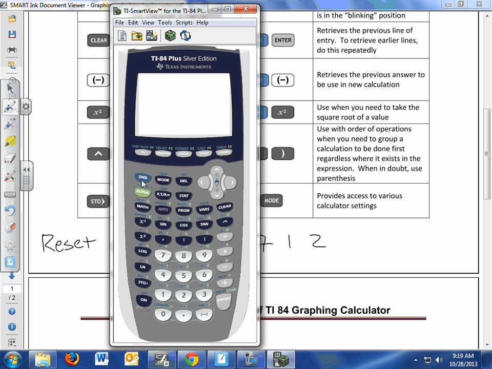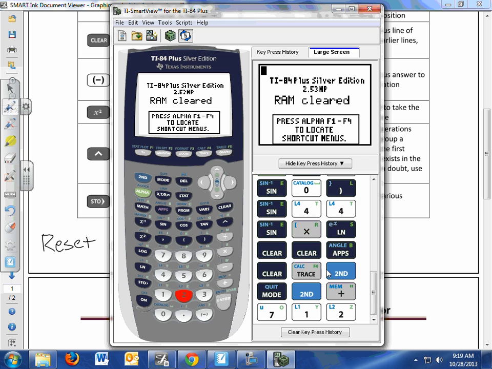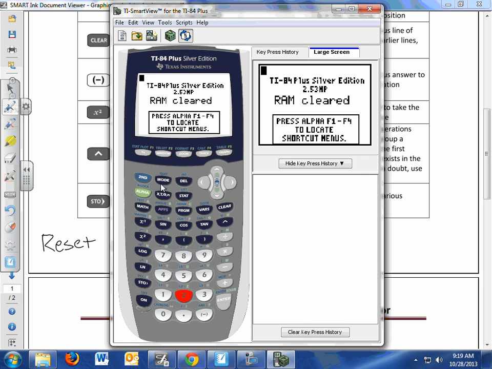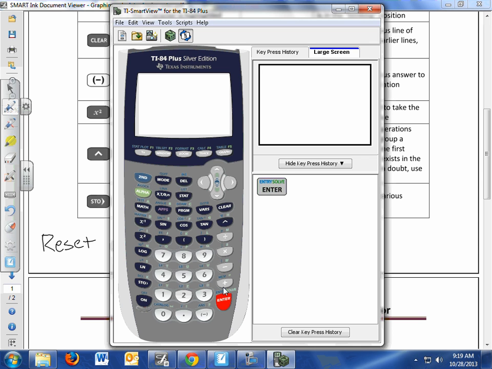Okay, so go press second plus 7, 1, 2, and reset your calculator. Okay, everybody, go ahead, reset your calculator. Second plus 7, 1, 2. Should have this screen, it should say RAM cleared, and then you just press the button and it clears it.